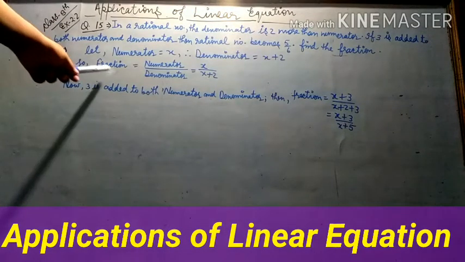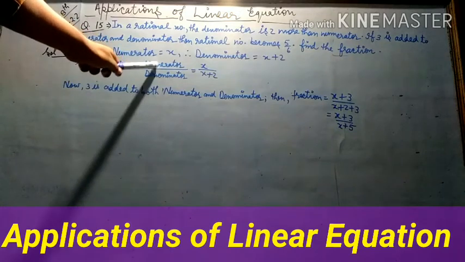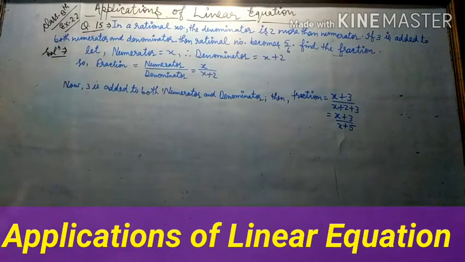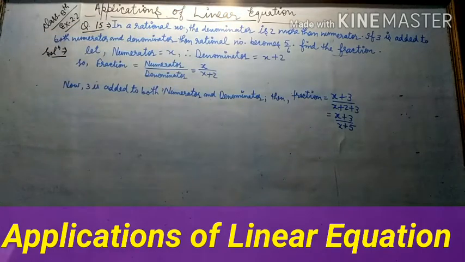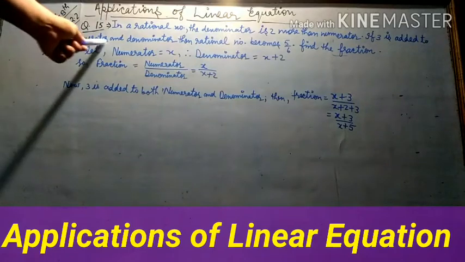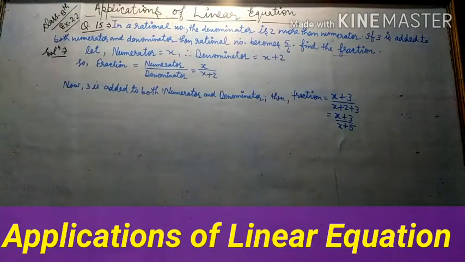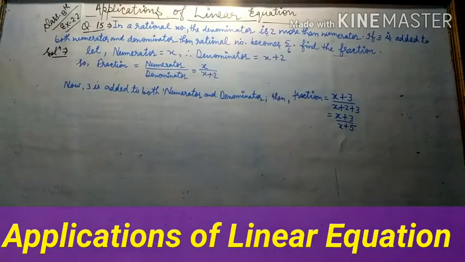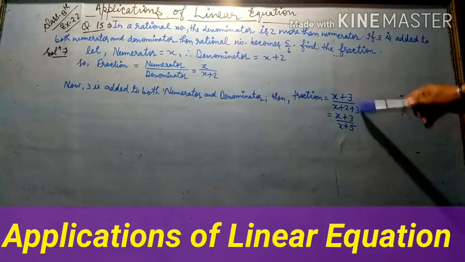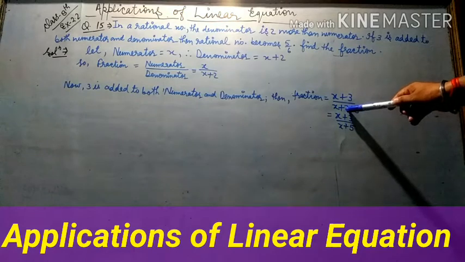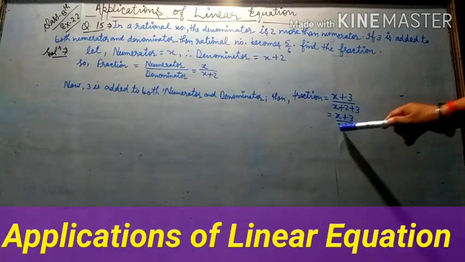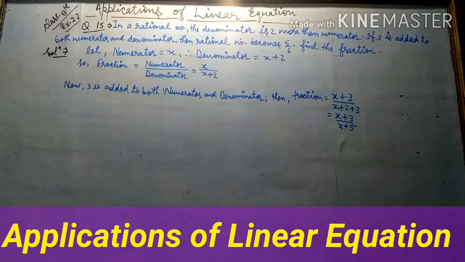And as you know, the fraction formula is numerator upon denominator. So the numerator is x and the denominator is x plus 2. But according to the condition, 3 is added to both numerator and denominator. So here we have to add 3 in numerator and denominator: x plus 3 upon x plus 2 plus 3, x plus 5.